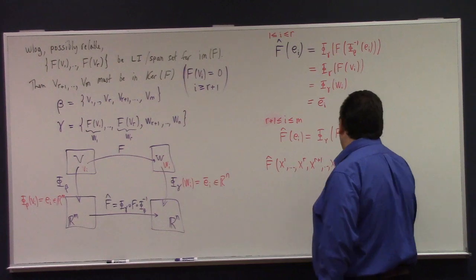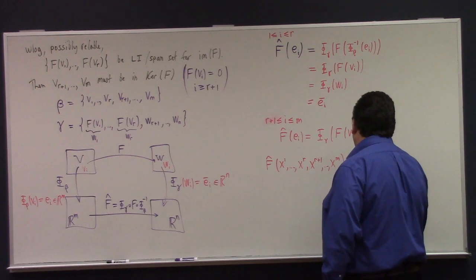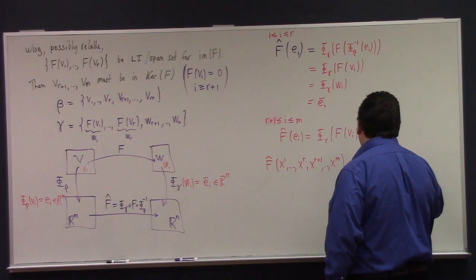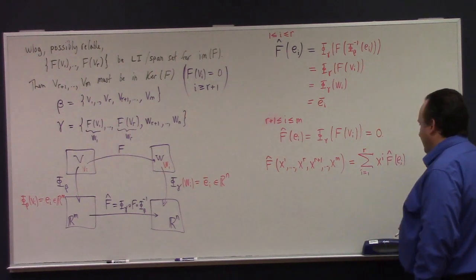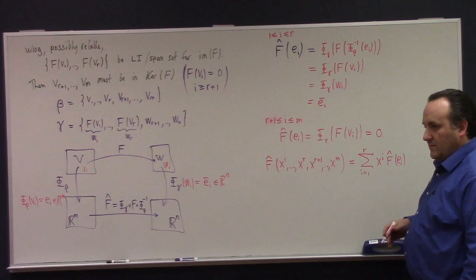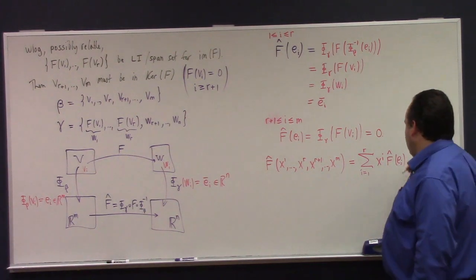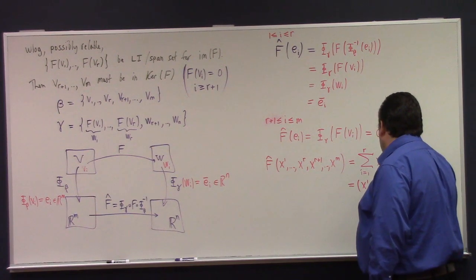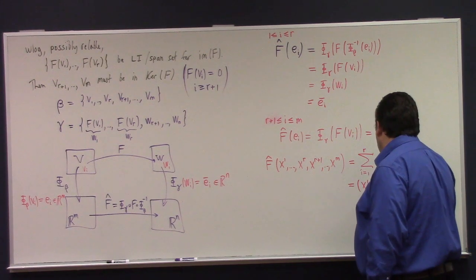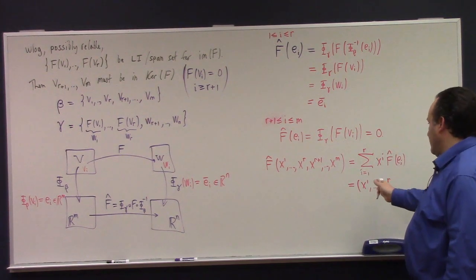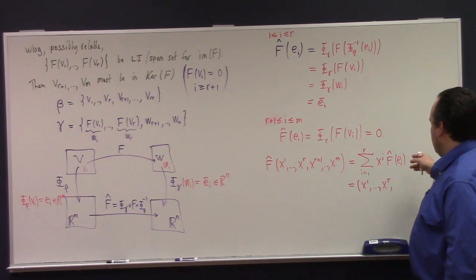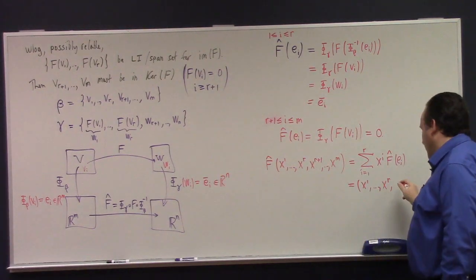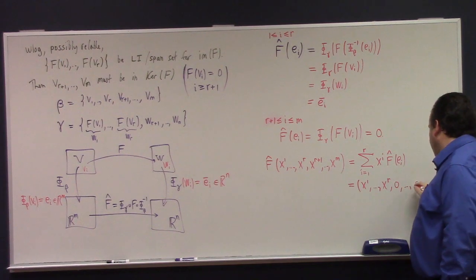So this is literally the sum from i equals 1 to r of x upper i f hat of ei, plus the things that are 0. But that is nothing more than x1 through xr. The context here is that these output the e bar i's, which are actually elements of Rn. So I'm talking about an n-tuple, and I keep adding zeros past that point, like that.